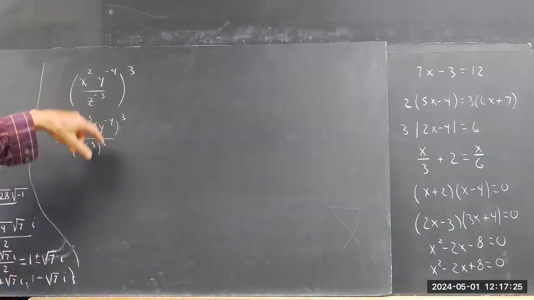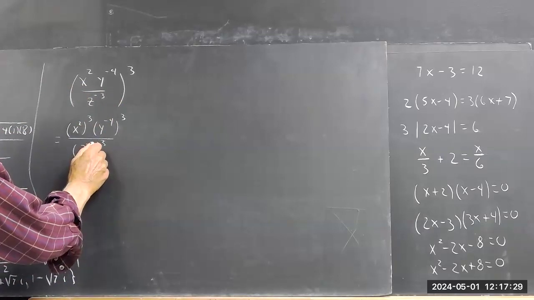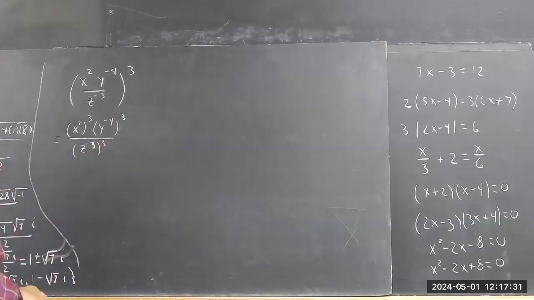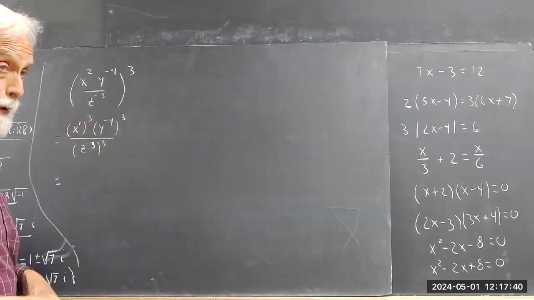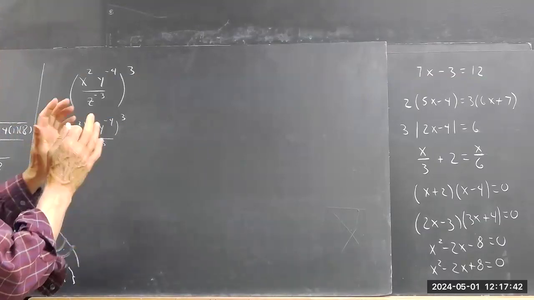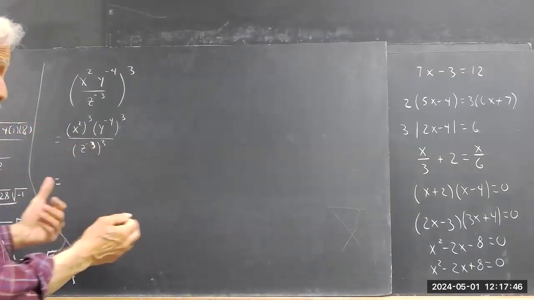So we have x squared cubed, y to the negative 4 cubed, z to the negative 3 cubed. x squared cubed means x squared times x squared times x squared, which is x times x times x times x times x times x. Write that out, you've got 6 x's.